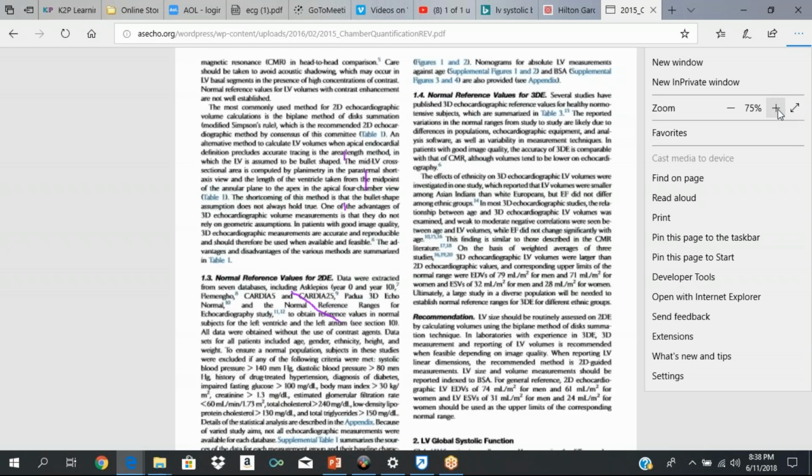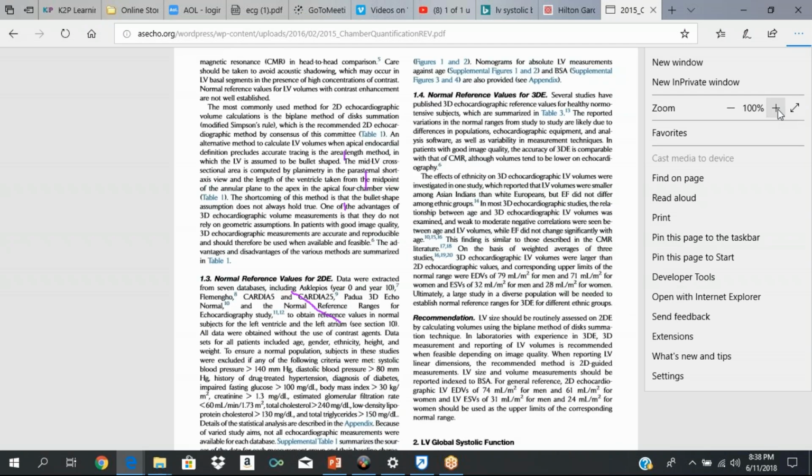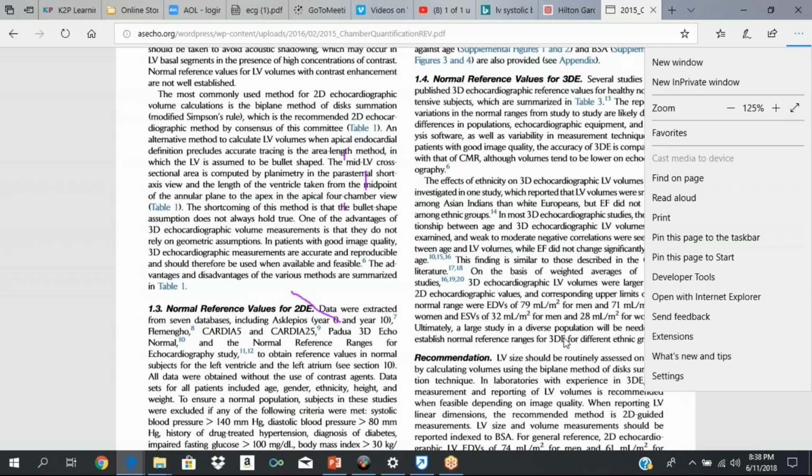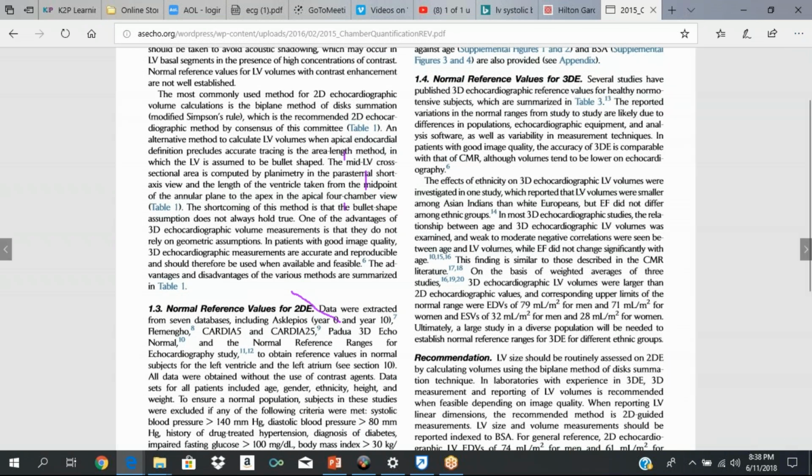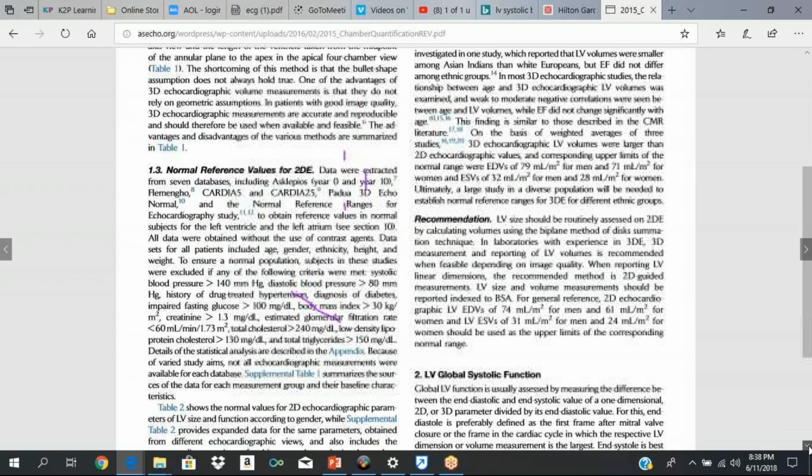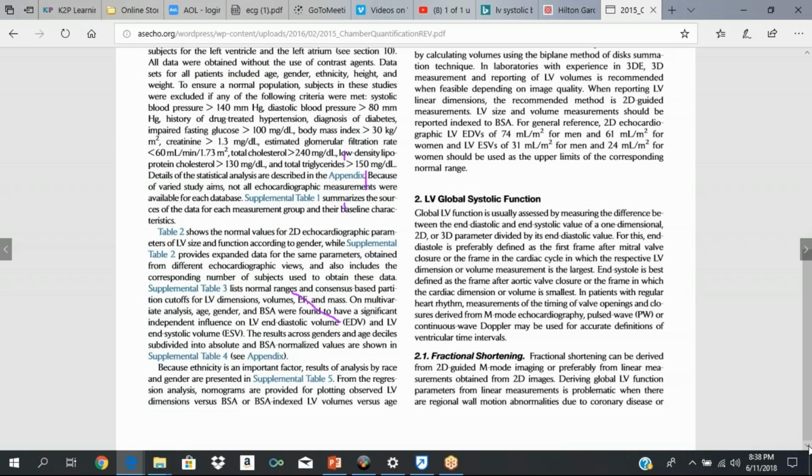Now, you need to know the normal values for the things that you're doing. There's a tendency to index a lot of them. Let's go over this.